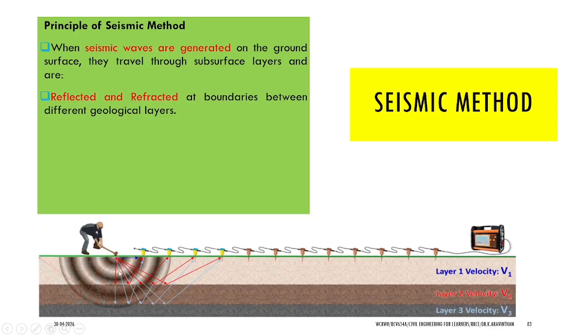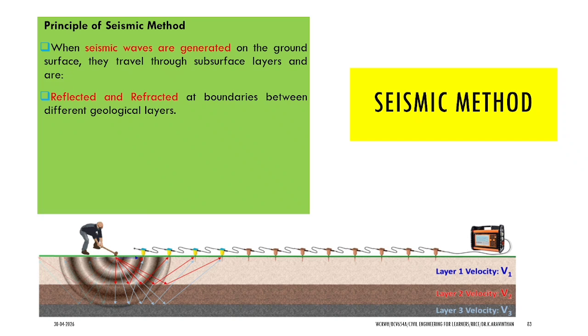We are sending some sound waves, and these sound waves reach the different probes. These probes will observe the sounds. By the time taken for this observation, you can understand the layers and the different composition of soil. This is the way the seismic method is used.